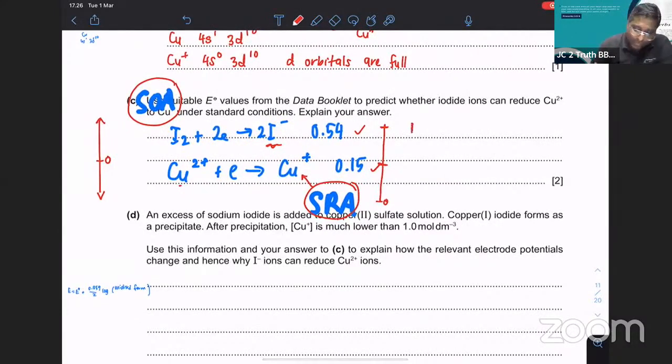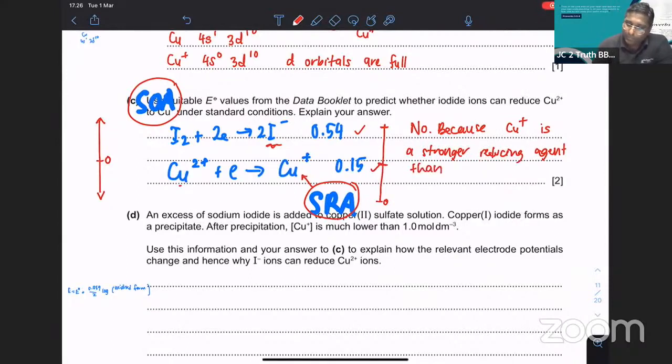The answer is no. Why? Because Cu+ is a stronger reducing agent than I-.